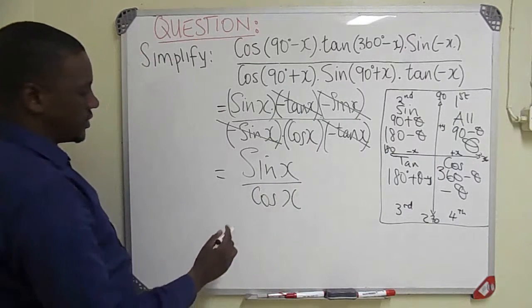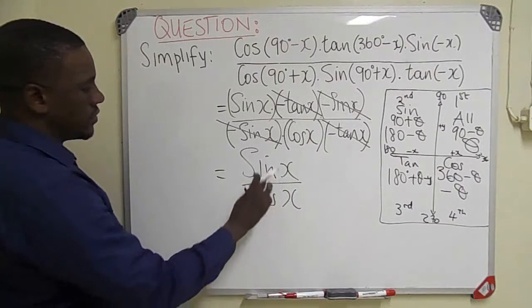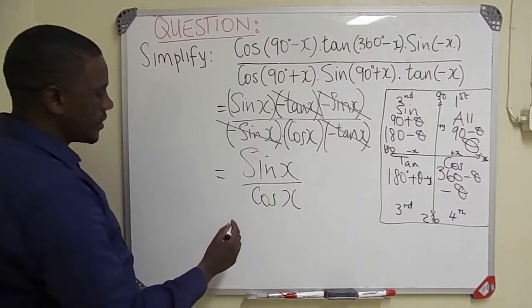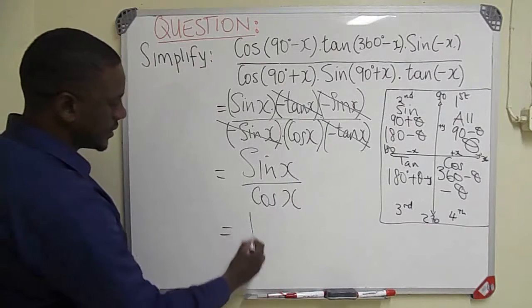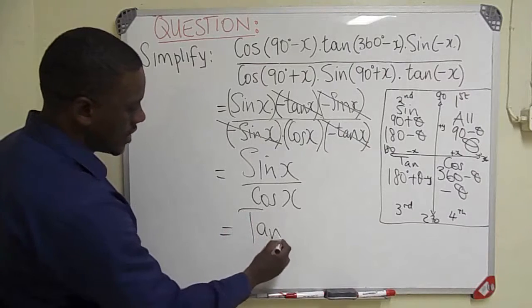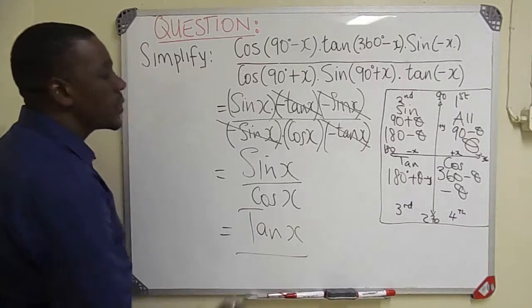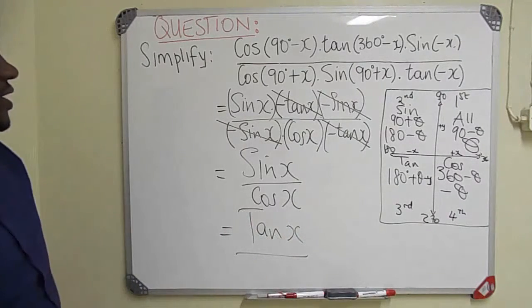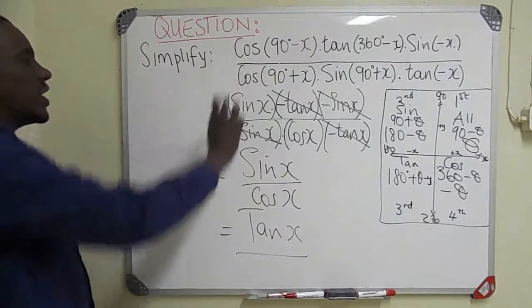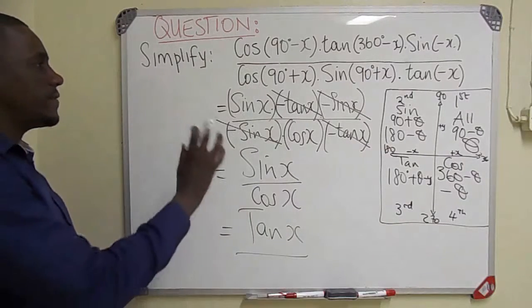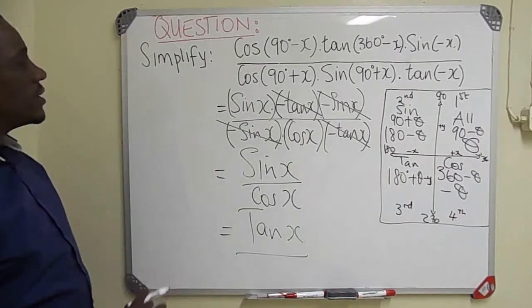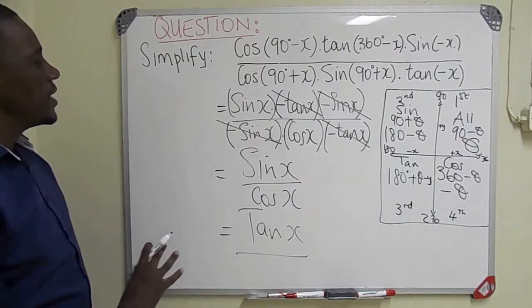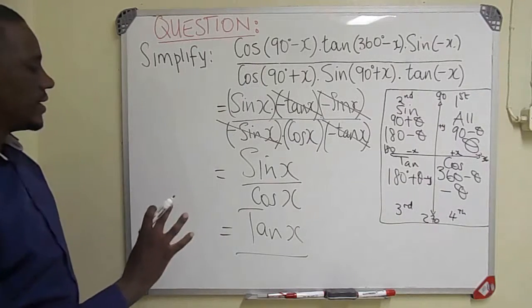This ratio of sine over cos is known as tan x. So when simplifying an expression in trig of this nature, you need to identify the position of the angle so that you give an associated sign. Thank you.